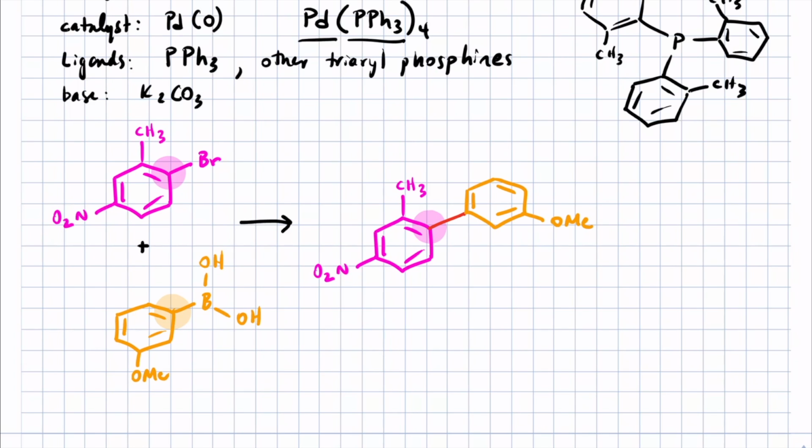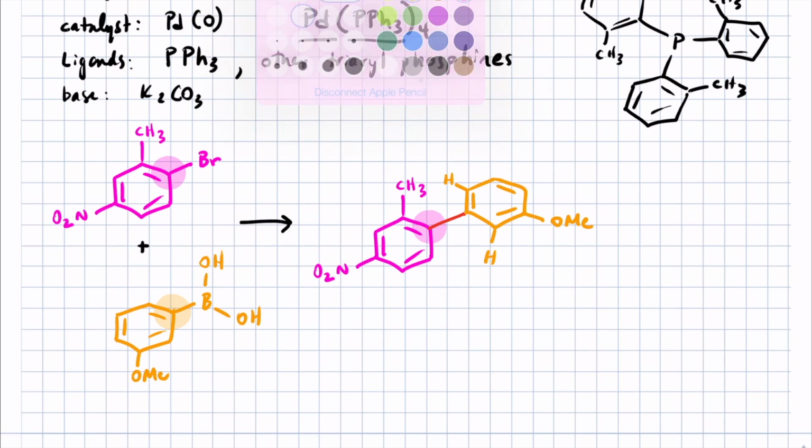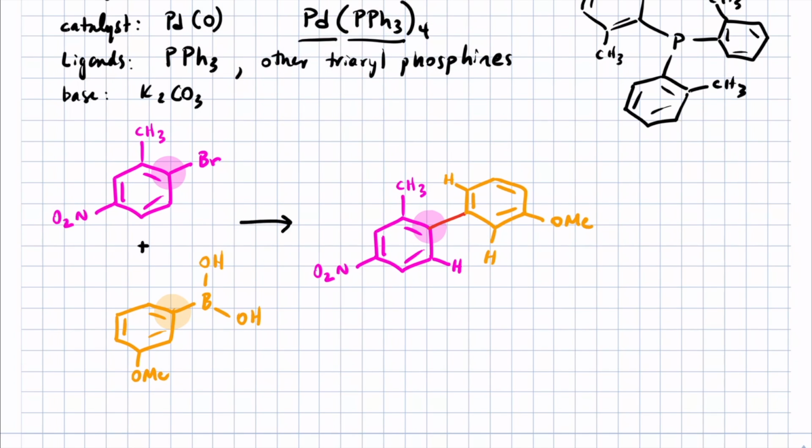It's a biphenyl linkage, and actually there's some steric clashes between the ortho protons on the orange substituent and the ortho methyl and ortho proton on the pink substituent that requires these two rings to not be conjugated with each other, but rather to be sort of out of plane with each other.